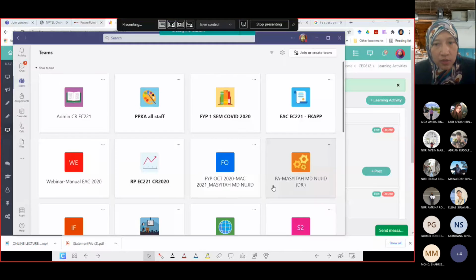So dalam Microsoft Team ni, saya dah assign you group masing-masing. Contohnya kat sini Teams. So banyak sangat platform, so kita try and error or whatever things that suit you.